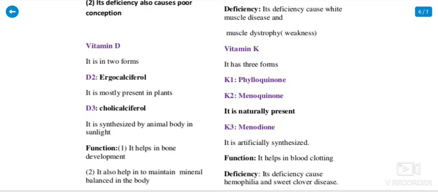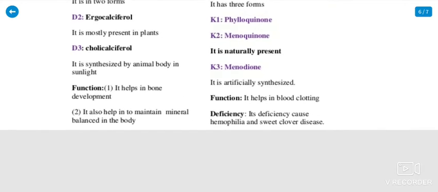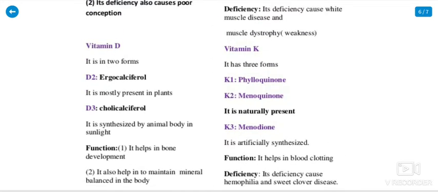And vitamin D is formed in two forms, number one D2 and D3. D2 is ergocalciferol, mostly present in plants, and vitamin D3 is cholecalciferol. It is synthesized by the animal body in sunlight. The function of vitamin D is that it helps bone development.